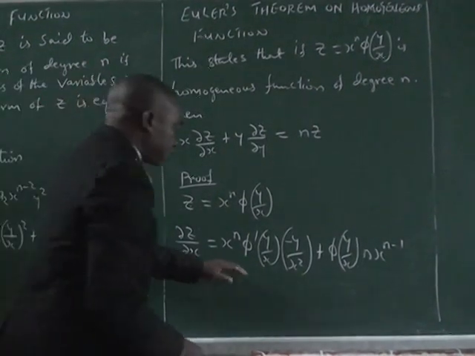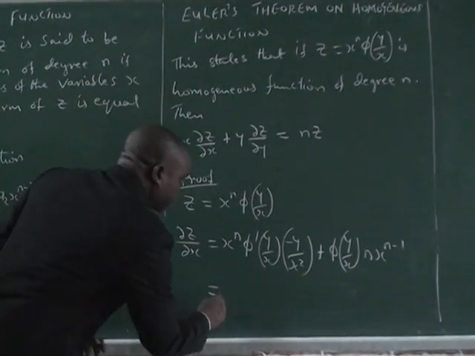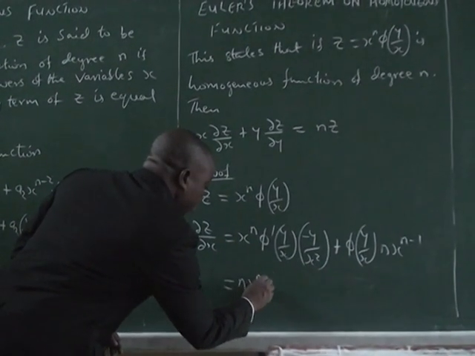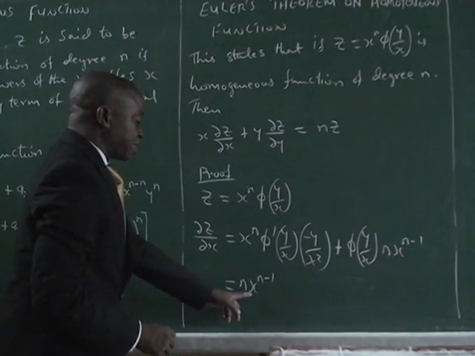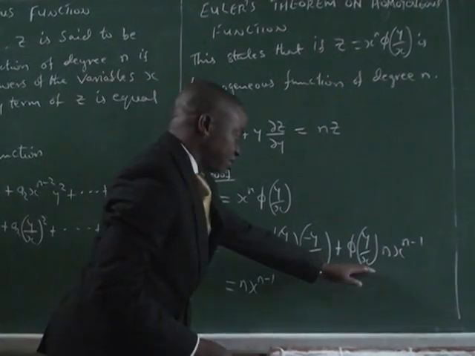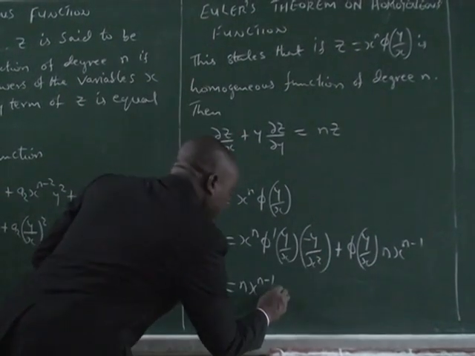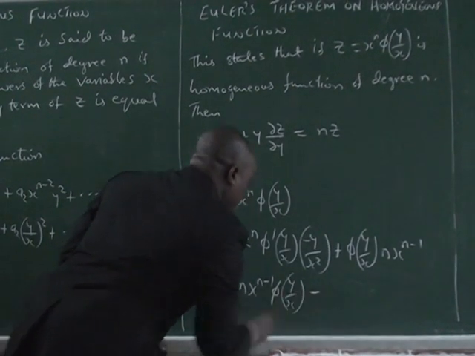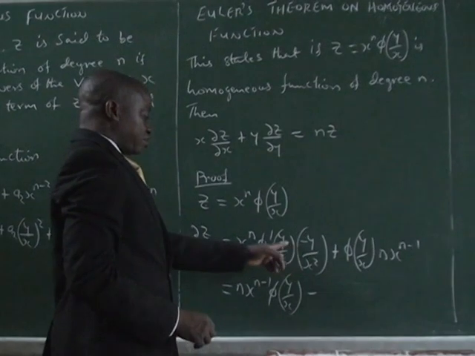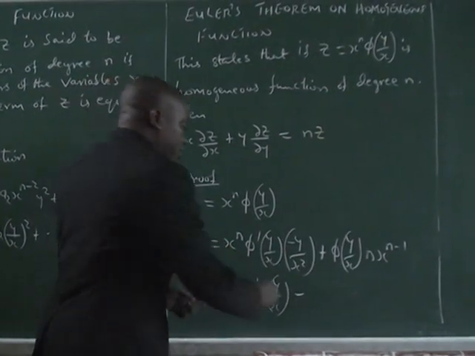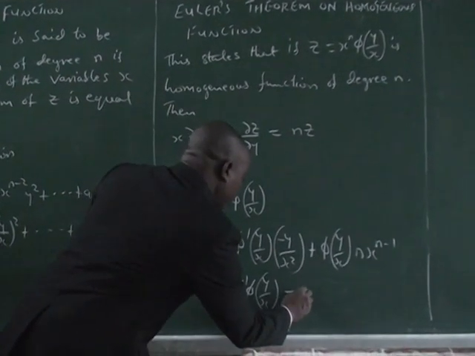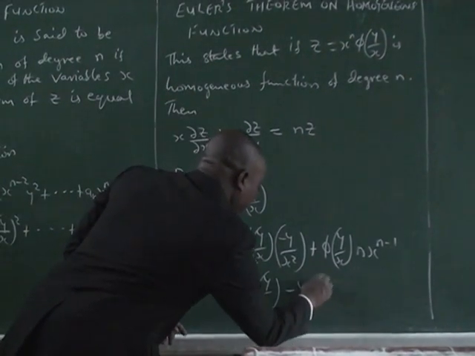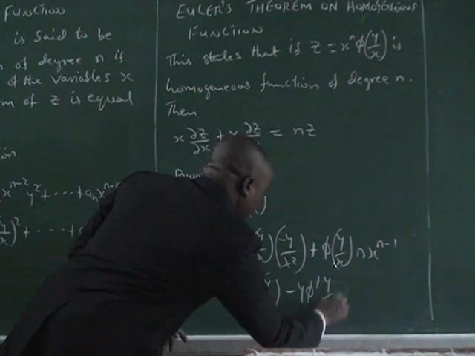It means that I can write it in this form. Let me write it in this form. x raised to n, x times x raised to n minus 1, that is this. Phi of y over x minus, I bring in this minus because if you cancel it, you have minus y and then phi prime of y over x.